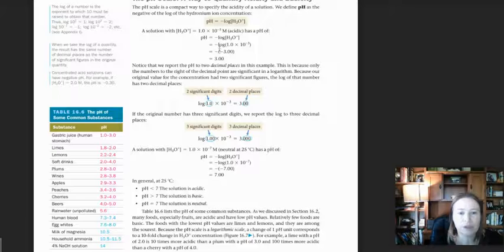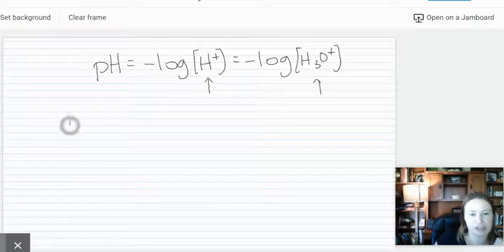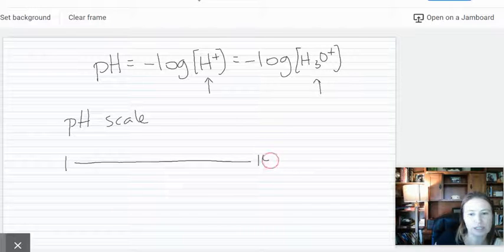What we need to know as well is the pH scale. On the pH scale, it usually goes from 1 to 14, 7 being neutral. Anything less than 7 is acidic.